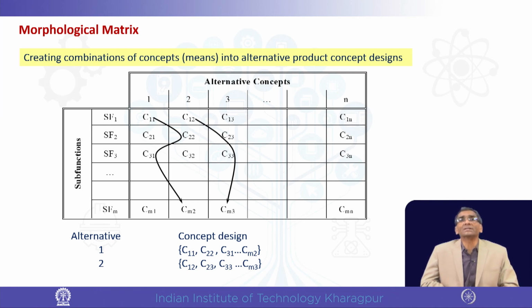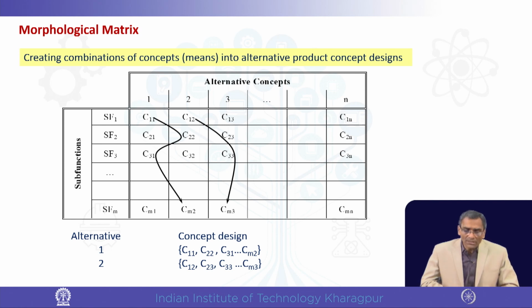So, these combinations, from the line which is drawn, you can see the first concept alternative is a combination of C11, C22 and then it goes to C31 and then it goes on. I am not placing all these things in the rows or columns, just to show you. We will actually deal with an example very soon, and it goes to Cm2.